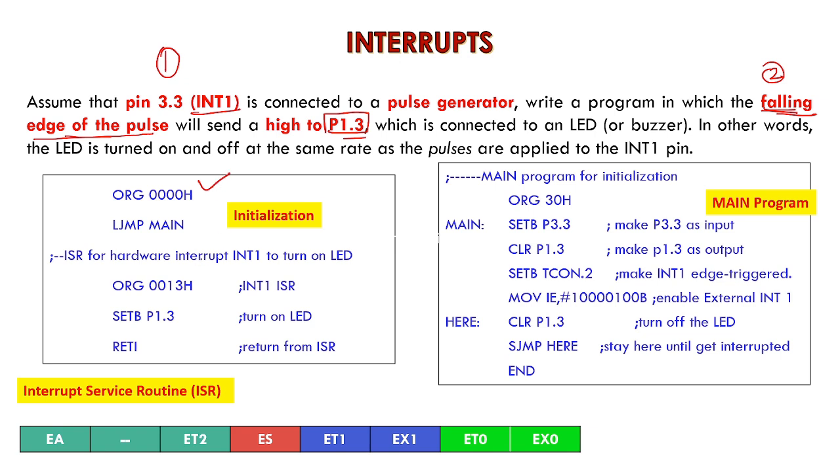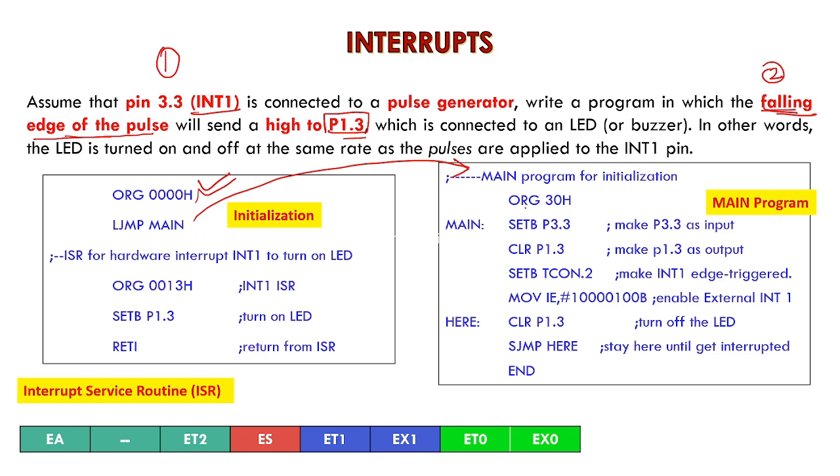That means the program starts execution at the address 00H. Next instruction, LJMP main. Once this instruction executes, it goes to the main program.